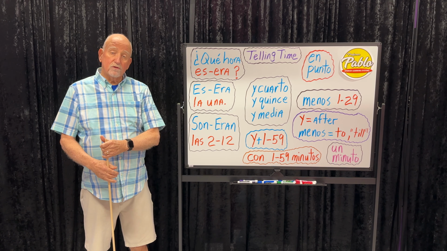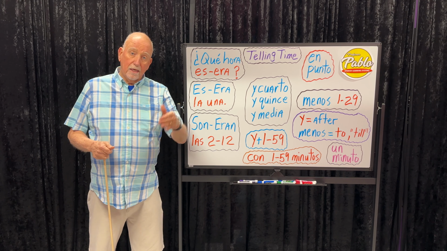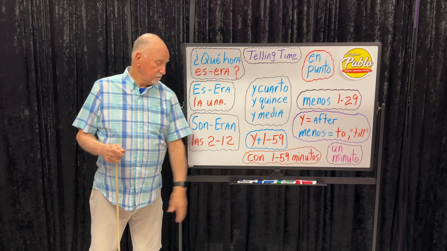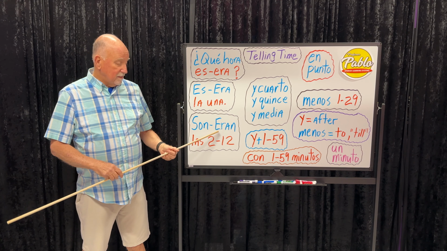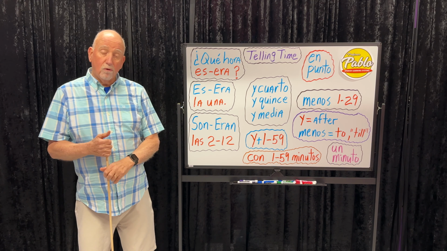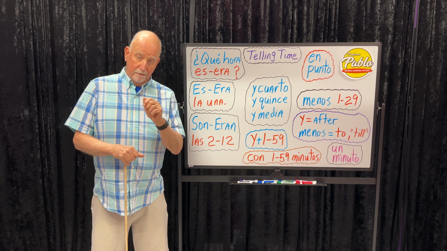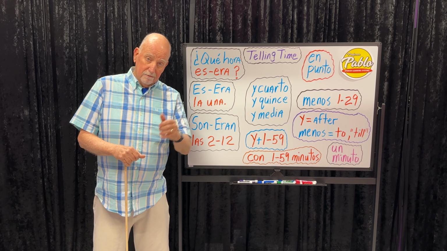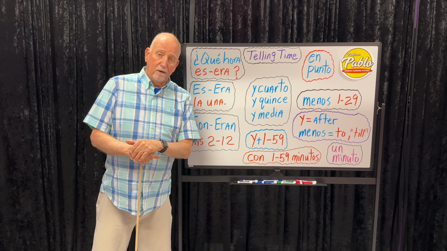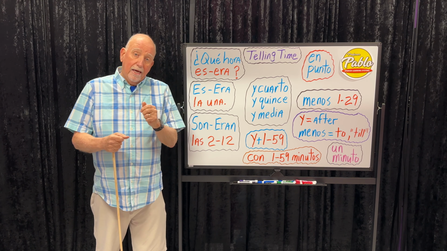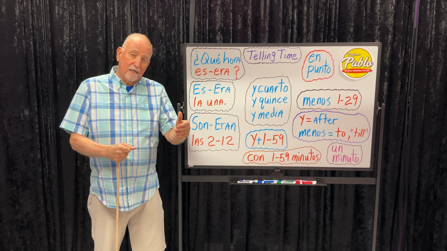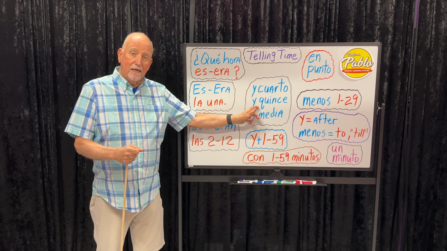It's a quarter after 12, son las 12 y cuarto. To say in the past it was a quarter after 3, eran las 3 y cuarto. It was 15 after 7, eran las 7 y quince.